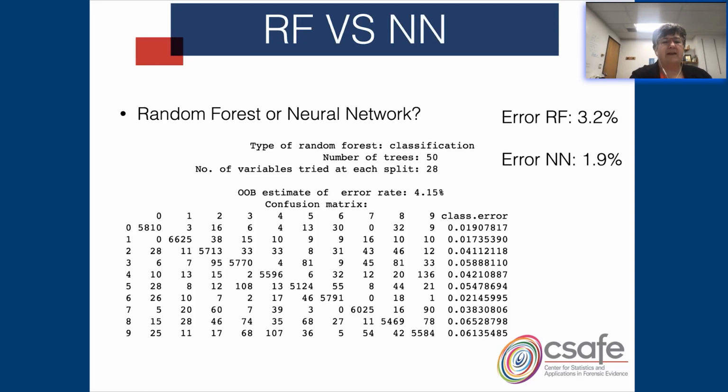So the out of bag error, so that's like the error on the validation set, is 4.15%. The actual test error for that random forest is 3.2%. So the out of bag estimate overestimates the test error a bit. But overall, the test error from the random forest is more than 1 percentage point higher than the neural network.